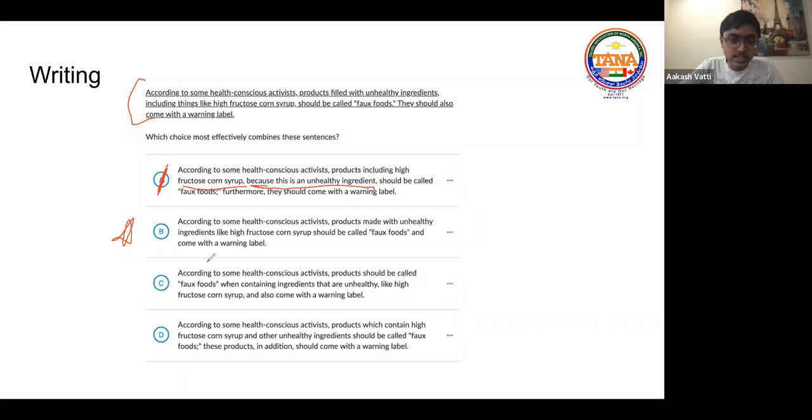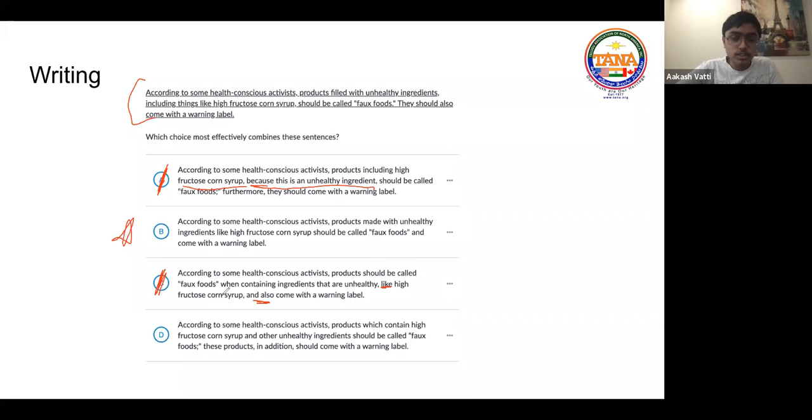According to some health-conscious activists, products should be called fox foods when containing ingredients that are unhealthy, like fructose corn syrup, and also come with a warning label. Same as A, this is far too complicated, and it has words like here, and also, and stuff like that.